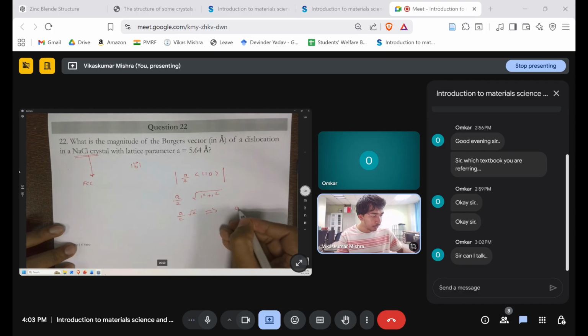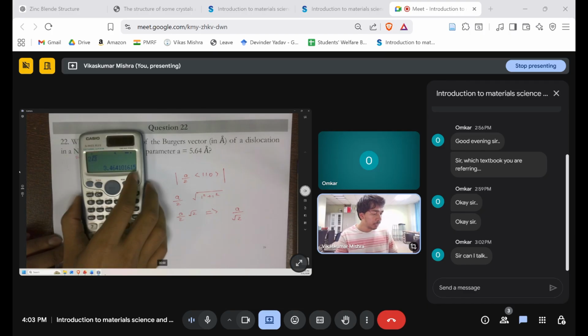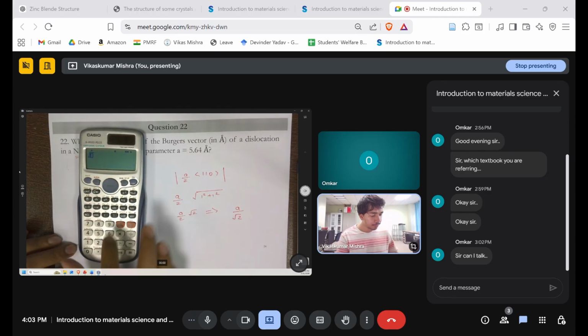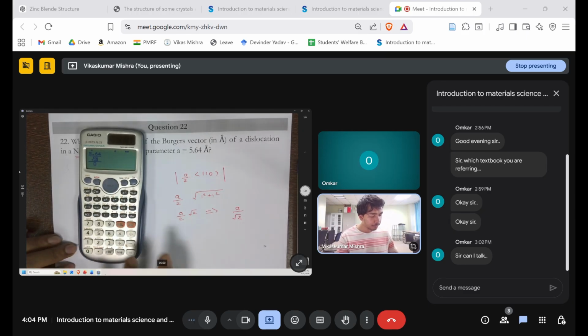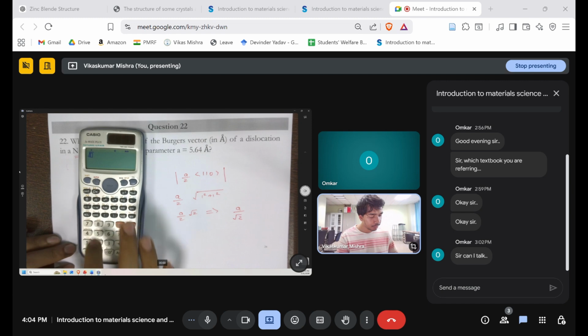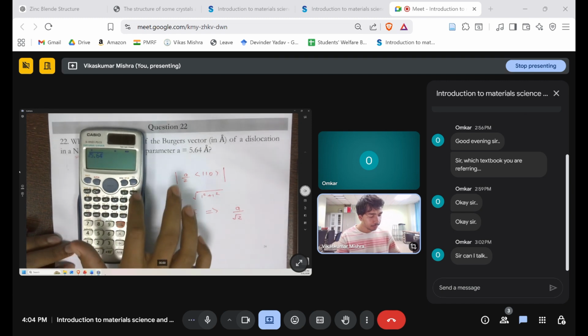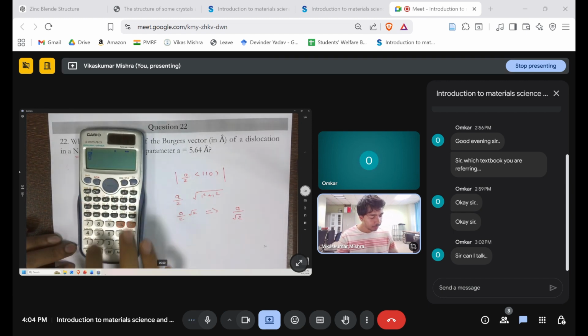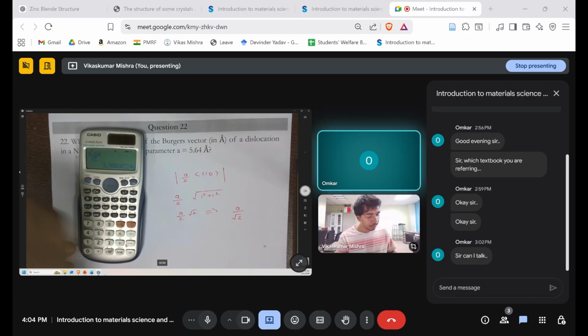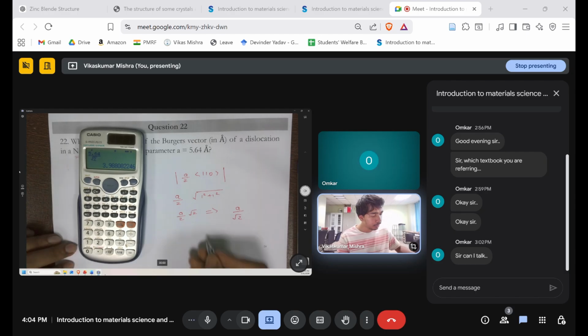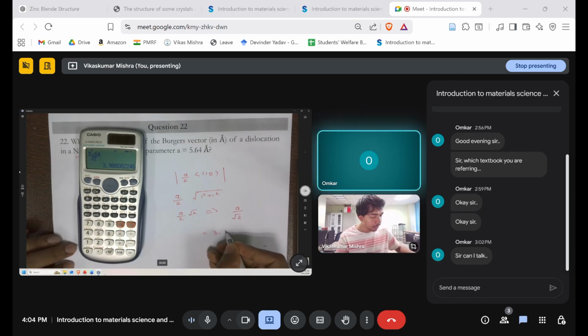It is a by root 2. The a value is given to us, 5.64. So 5.64 divided by root 2 is 3.988.